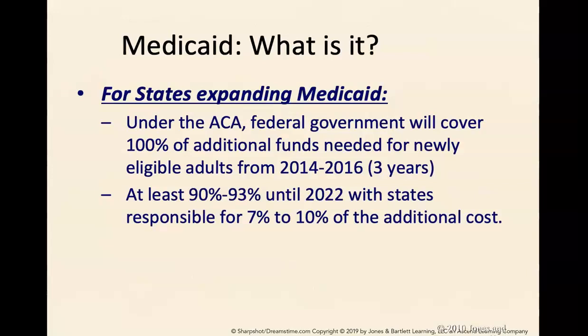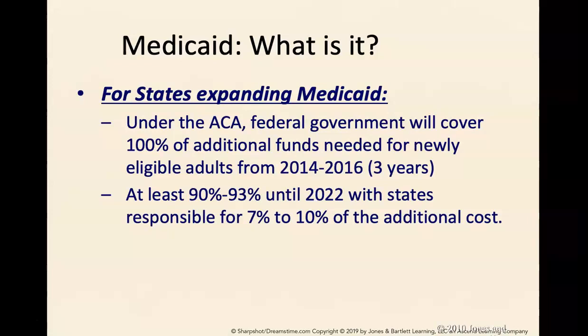If you are a state that agreed to expand your Medicaid program under the Affordable Care Act or Obamacare, the federal government is supposed to cover 100% of the additional funds that you will need for the additional people that you will cover by increasing your eligibility. And that was supposed to cover 3 years, from 2014 to 2016.